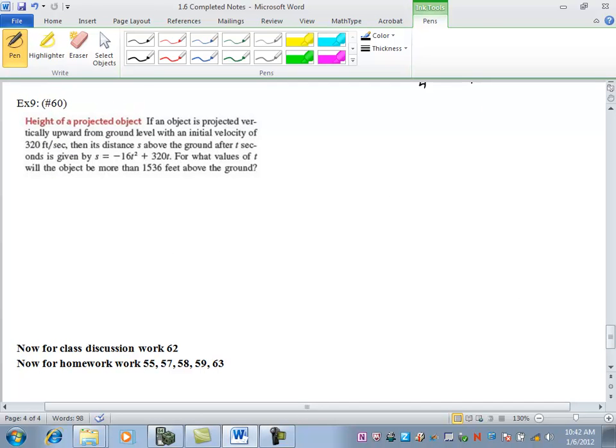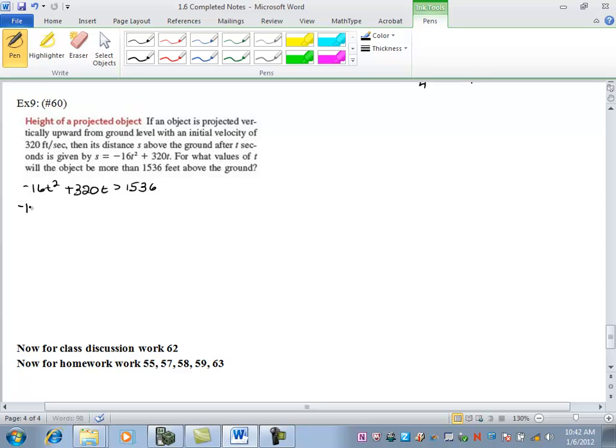Our final example here is problem 60 from the homework. It says if an object is projected vertically upward from ground level with an initial velocity of 320 feet per second, then its distance s above the ground after t seconds is given by this function. For what values of t will the object be more than 1536 feet above the ground? We need to know when -16t squared plus 320t is greater than 1536.